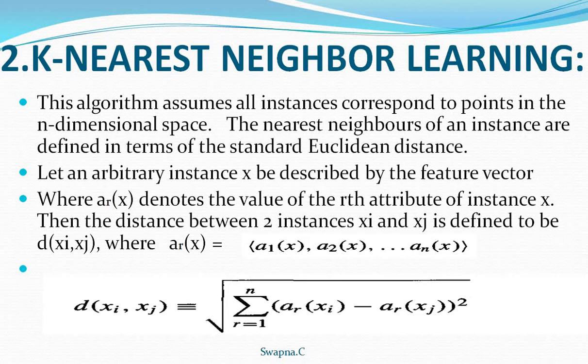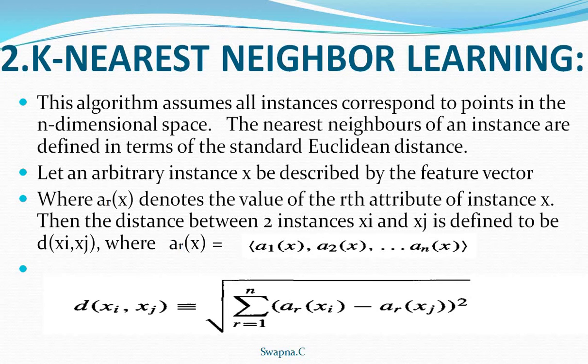In nearest neighbor learning, it finds the nearest neighbor instance for the new instance. To classify the new instance, it uses the Euclidean distance measurement to find the nearest one.